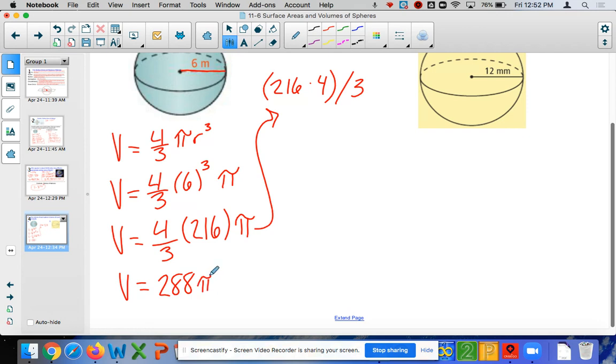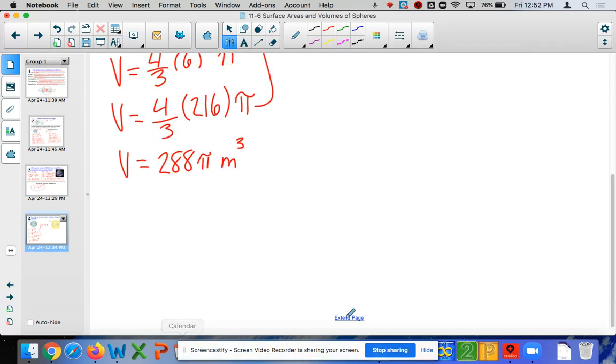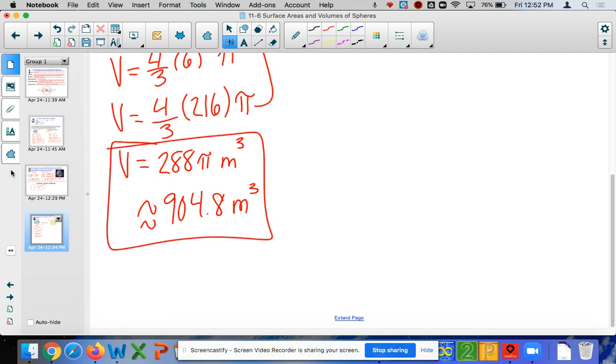So 288 pi cubic meters, because this is volume we're talking about this time. Rounded to the nearest tenth, it's 904.8 cubic meters. And there we go.